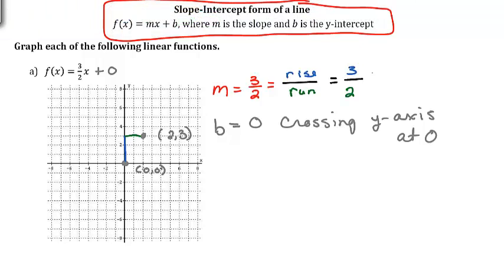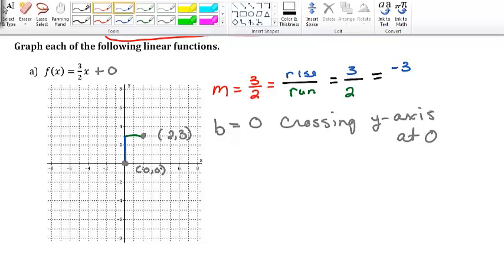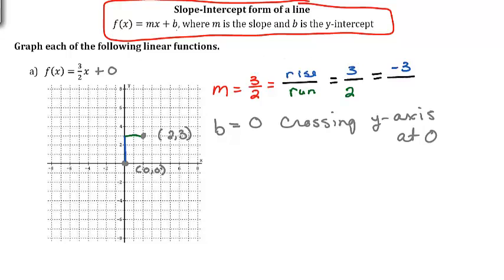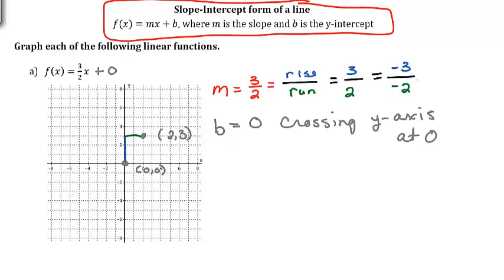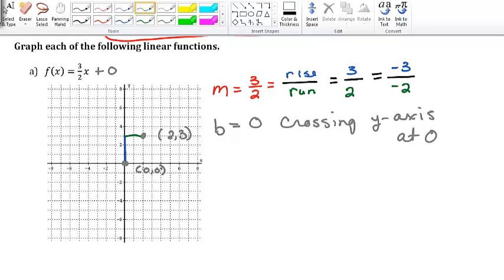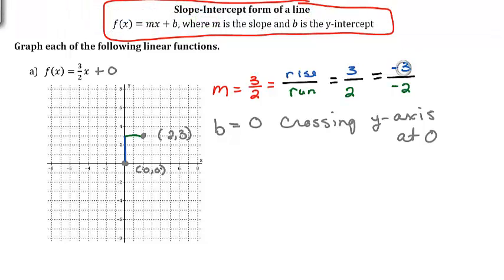So we could think about this slope in another way. We could think about having a slope or a rise that's negative 3. If we think of the rise as negative 3, then our run would have to be negative 2. So if your rise is negative 3, then you would want to go down 3. And so we'll start at this original point that we had, and we'll go down 3 units.